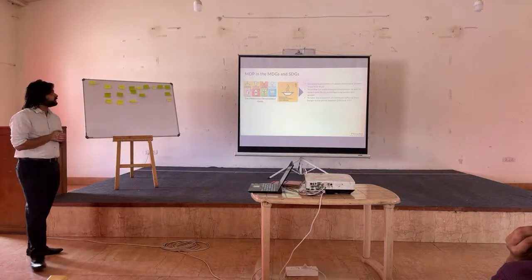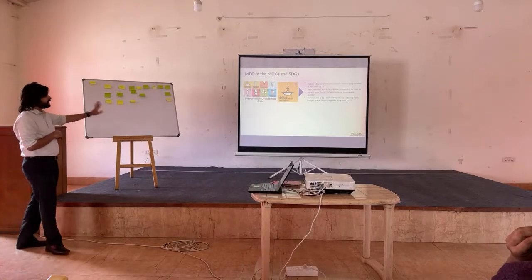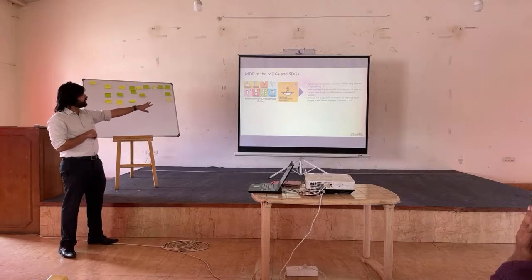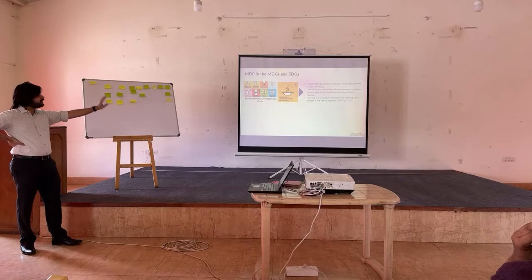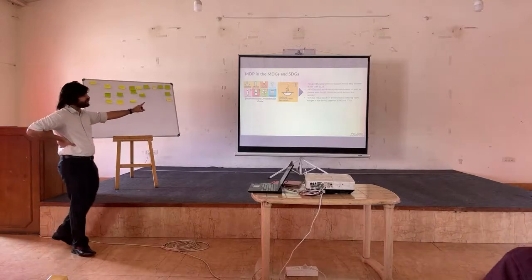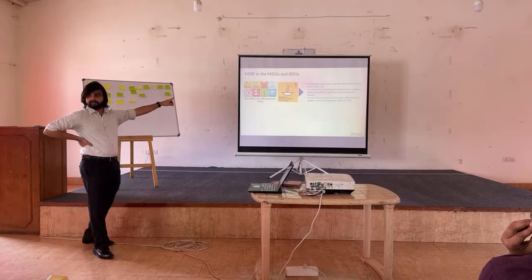What about the Millennium Development Goals and the Sustainable Development Goals, right? Where does multidimensional poverty feature there? If you look at the Millennium Development Goals, which were active till 2015 before the SDGs, goal number 1 was about eradicating extreme poverty and hunger. If you look at the targets set over here, these are very different from what is there in the SDGs right now. At that point it was $1.25, now it's $1.90.